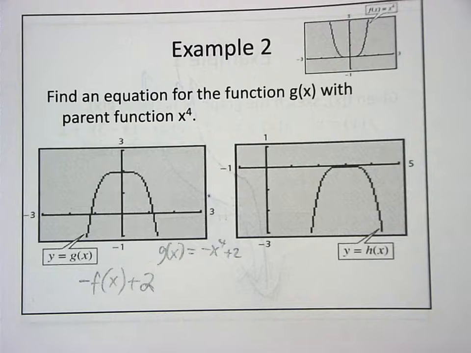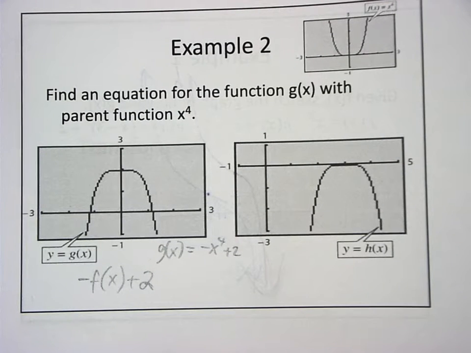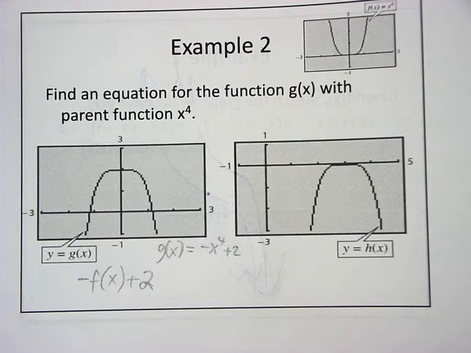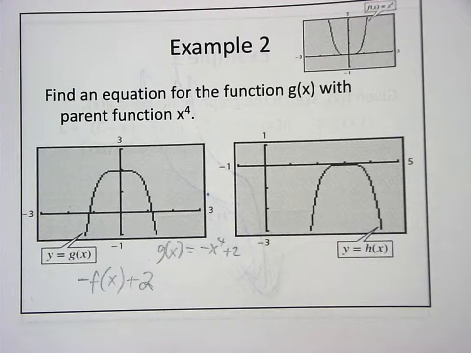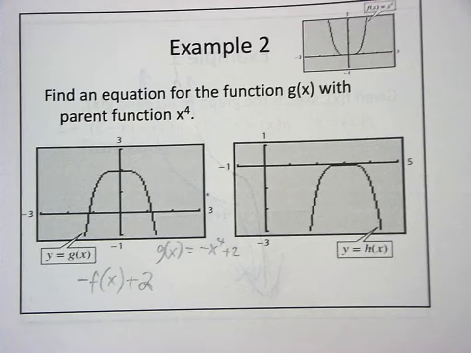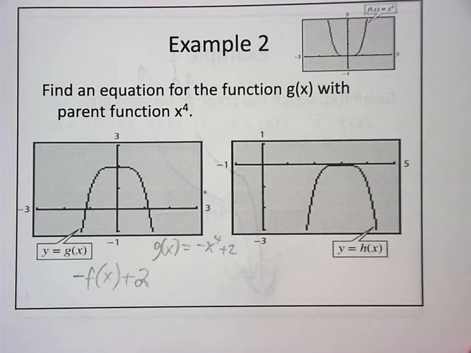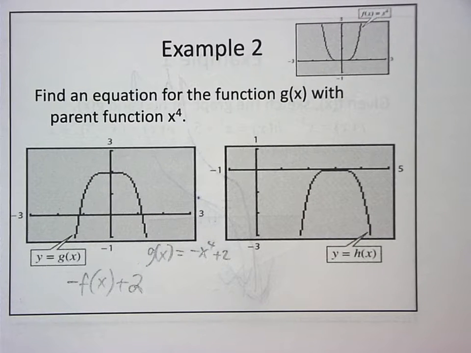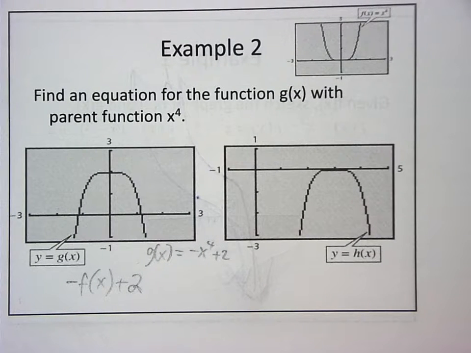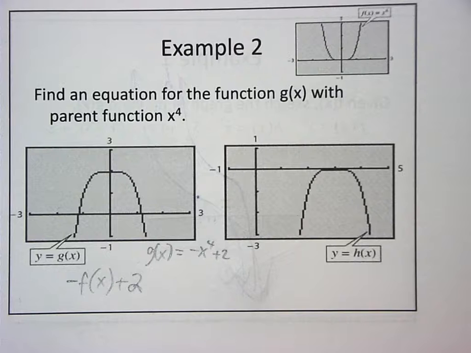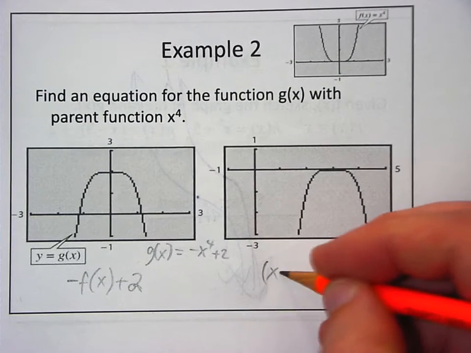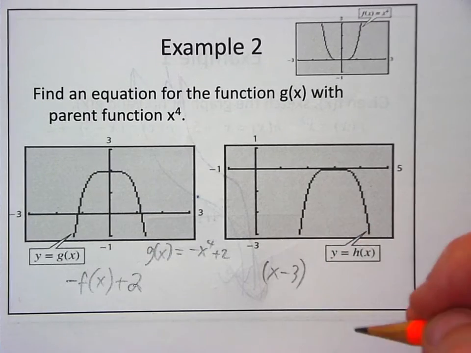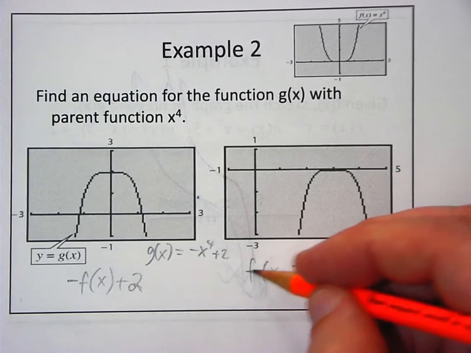Honestly with these though, especially when we get into some of the reflections and some of the stretching and shrinking stuff we'll do in a second, it doesn't hurt to plug into the calculator real quick and look at it, make sure it matches. For this one, how does h of x change compared to the original f of x? Subtract 3 inside, yep, inside of here, subtract 3, and negate the whole thing.